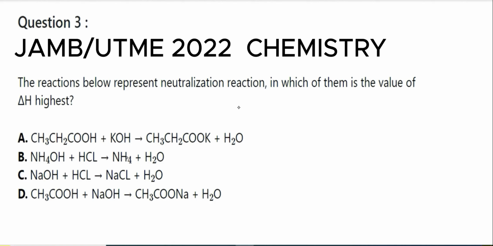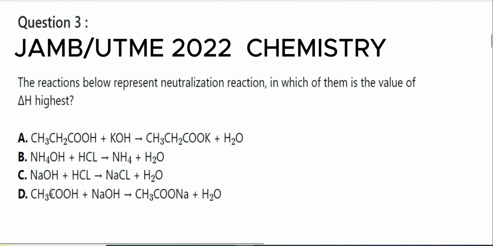Option A, we have propanoic acid, a weak acid, while potassium hydroxide is a strong base. Option B, we have ammonium hydroxide, a weak base, while hydrochloric acid is a strong acid. Option C, we have sodium hydroxide, a strong base, while hydrochloric acid is a strong acid.